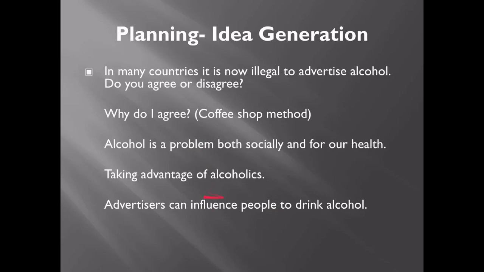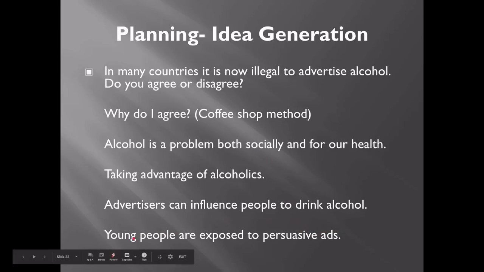If you can think of three ideas, you might not use three ideas, but it is better to have a few, and then you can decide, okay, which idea do I feel most comfortable writing about? And then we might think of a fourth idea. Young people are exposed to persuasive ads, so it's to protect young people. When you are generating ideas, you might only be able to think of two, or the first two that you think of are very strong ideas that you're comfortable writing about, whereas other people feel more comfortable generating three or four ideas. And then what they're able to do is pick the ones that they feel most comfortable writing about.